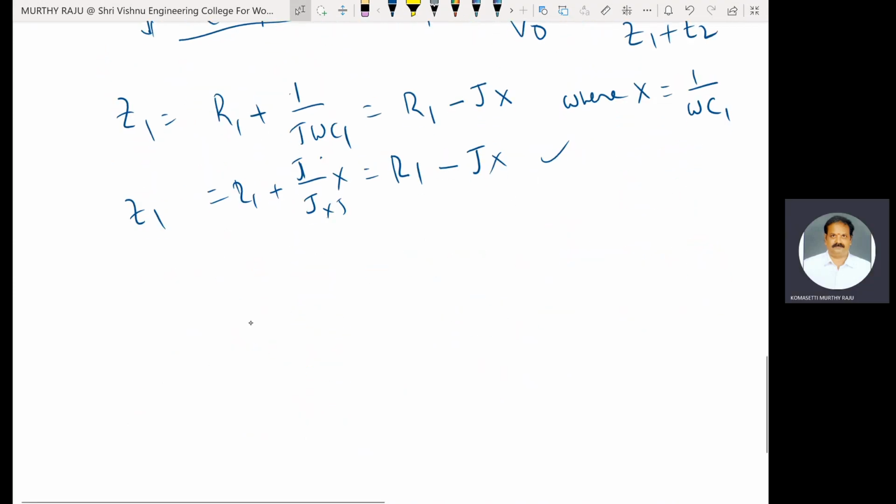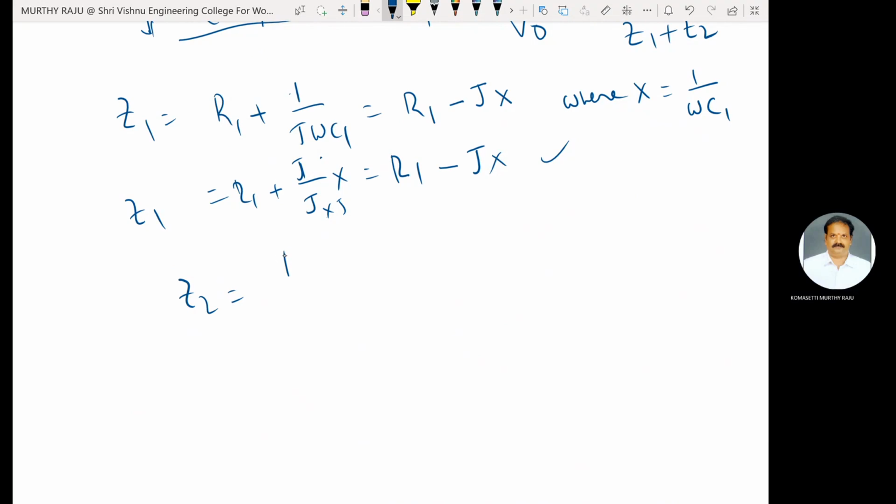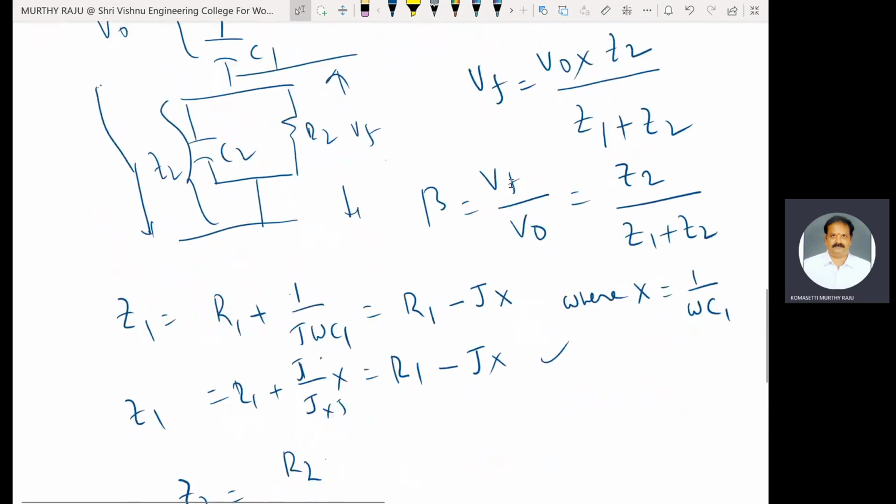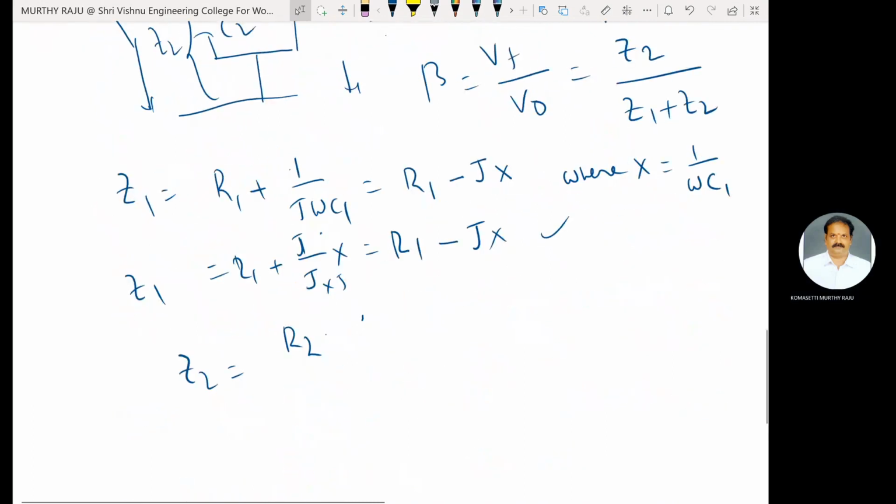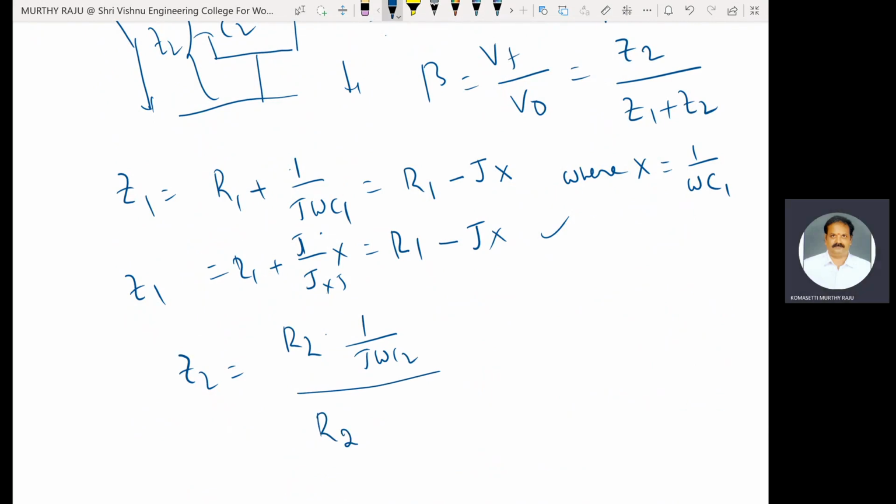Z2 is equal to R2 into 1 by j omega C2 divided by R2 plus 1 by j omega C2.